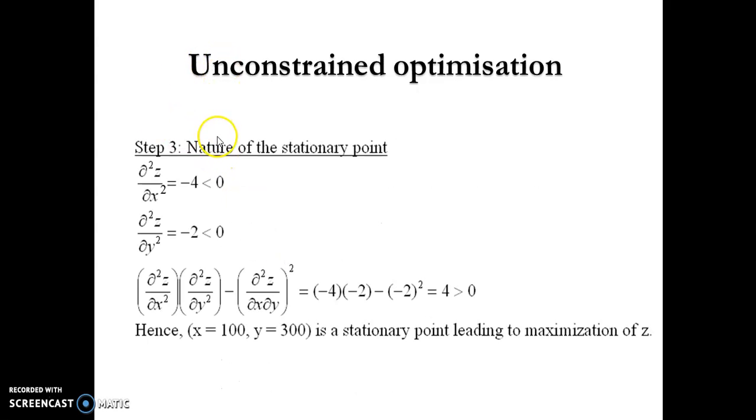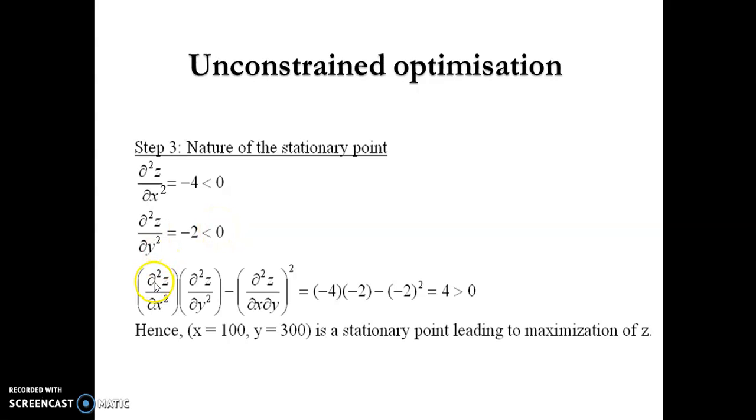For the nature of the stationary point, remember we already got our second order partial derivatives in step 1. You saw that your second order direct partial derivative with respect to x was minus 4, and your direct second order partial derivative with respect to y was minus 2. So both here are negative.